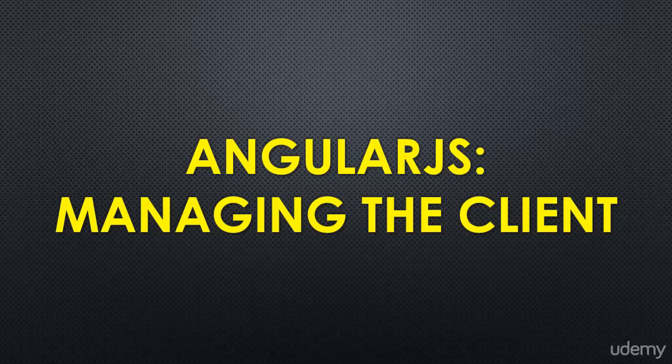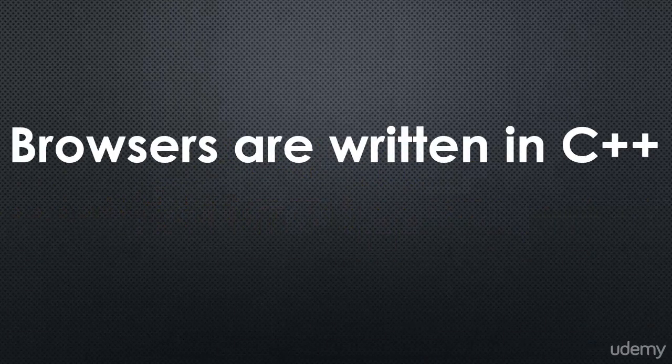Remember how we said that Node is written in C++ and the V8 JavaScript engine, and most JavaScript engines, in fact, are written in C++. Well, here's another thing to know. For the most part, browsers are written in C++. Google Chrome, Firefox, popular browsers are written in C++.